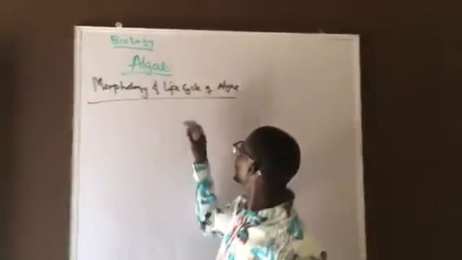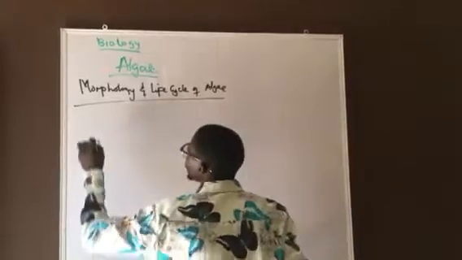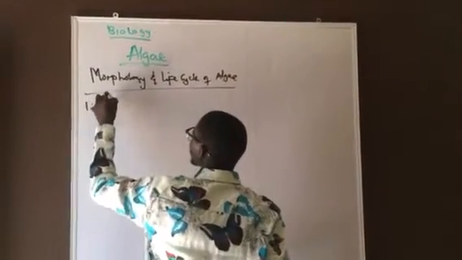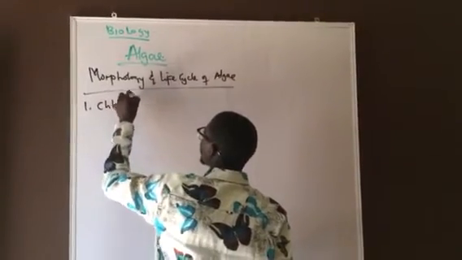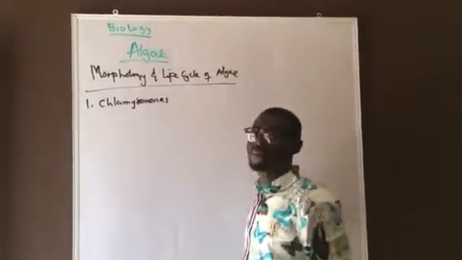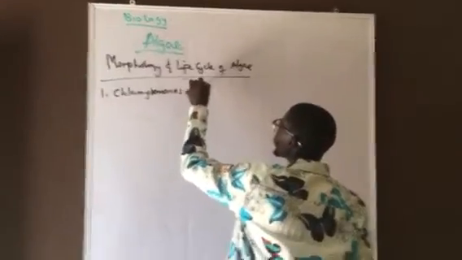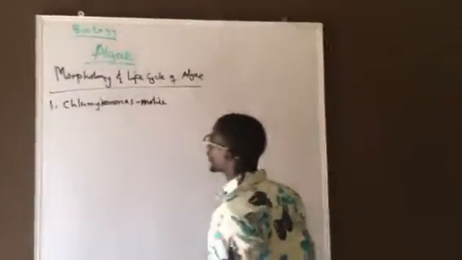So we're going to pick a representative algae. We're going to talk about Chlamydomonas, that is a unicellular green algae.